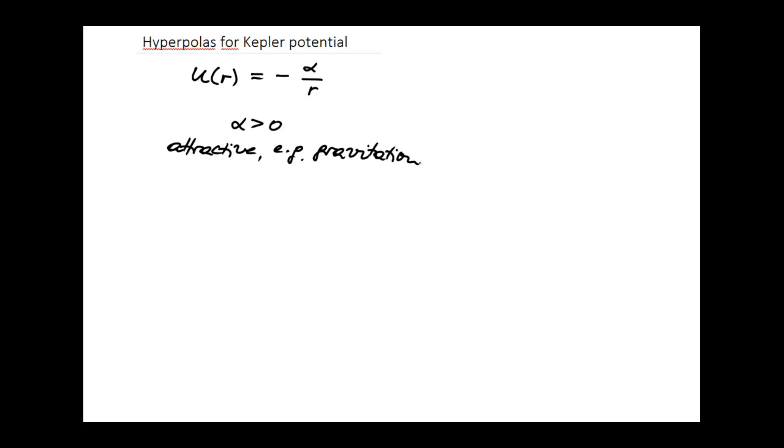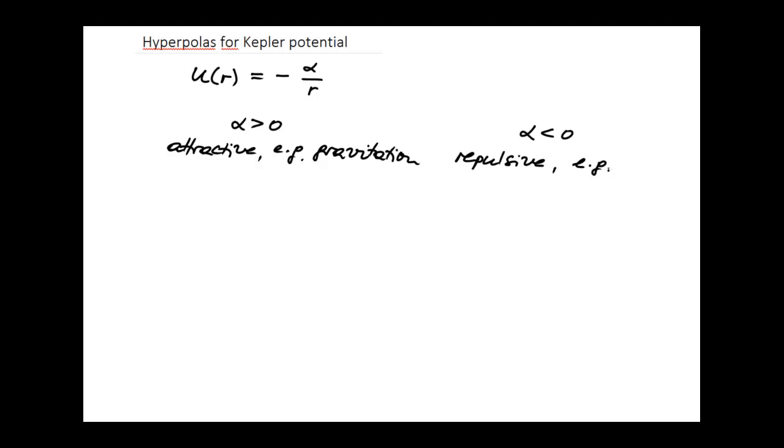If, on the other hand, alpha is negative, then the potential is repulsive, and this is the case, for example, if you have two electric charges of the same sign that you scatter off each other. So you have the Coulomb force between two electric charges, and the potential is also of the Kepler type, but alpha is negative if the charges have the same sign.